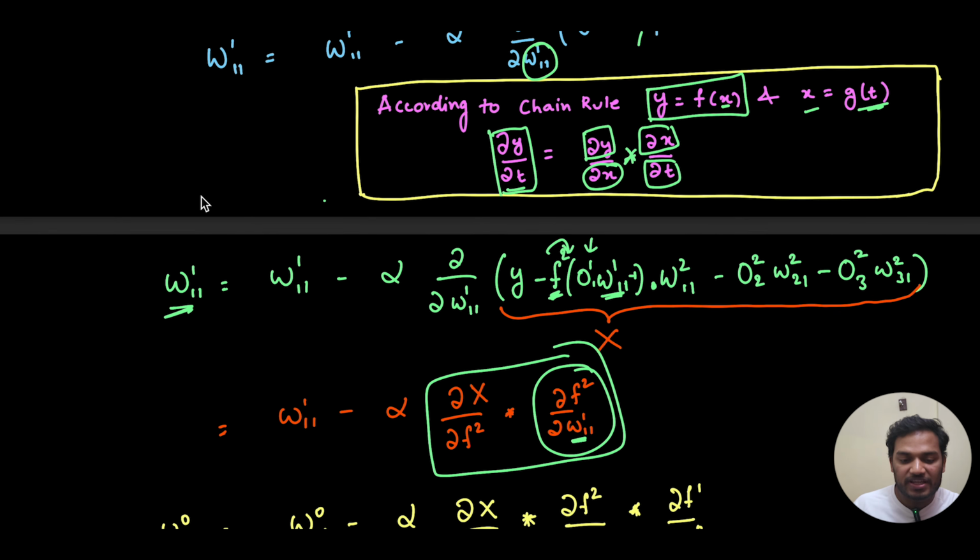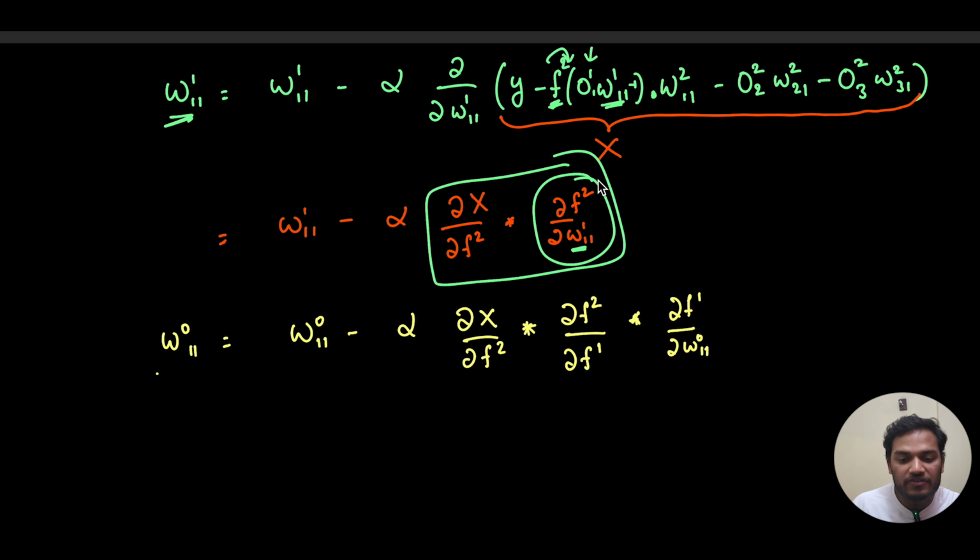So basically, as I said, till this point everything will be the same. Now, here we are interested in W011, right? Here also we are not having W011, so we have to go into it. So this O1, if we expand, it will be f1 times W01, W011.